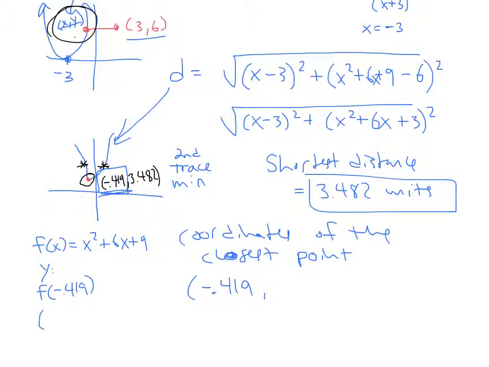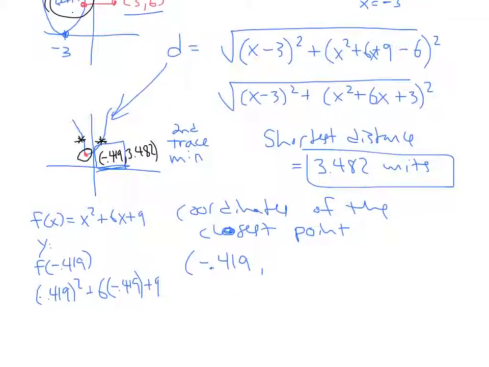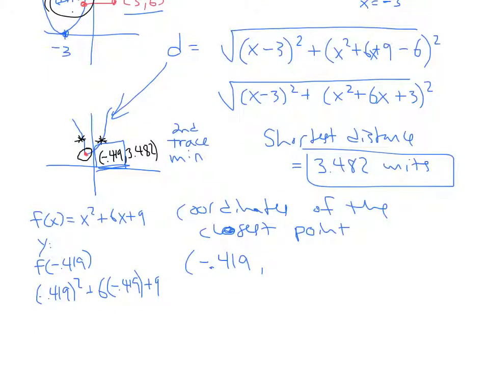Plugging that in, negative 0.419 squared plus 6 times negative 0.419 plus 9, we get 6.310. So that would be the coordinates on the point of the parabola that is closest to the point 3, 6.